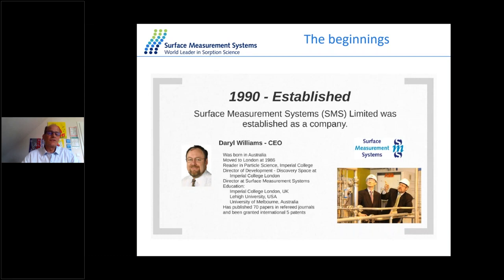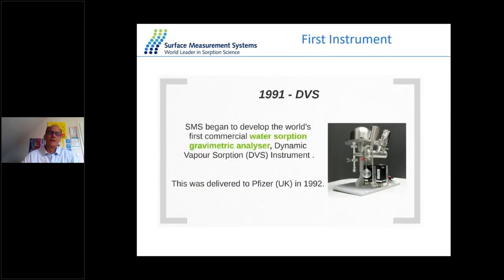He is the owner of Surface Measurement Systems, but he has two careers and has insight into research and development at university and in industry. He has published more than 70 papers and holds different patents.